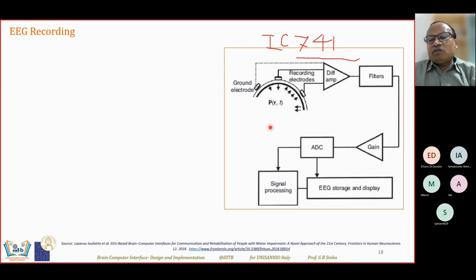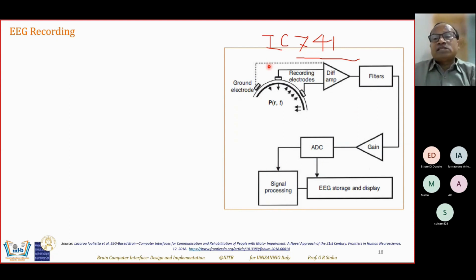So the ADC converts analog into digital, and then that digital signal goes to the signal processing where you can understand the signal, understand the waveforms, extract the alpha beta patterns, extract different features, and then send those features for the classification tasks.